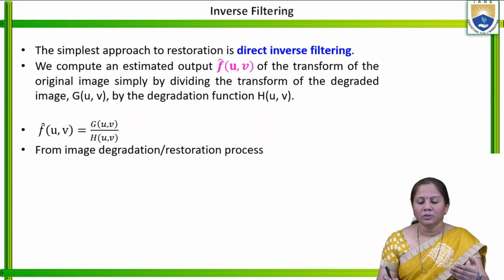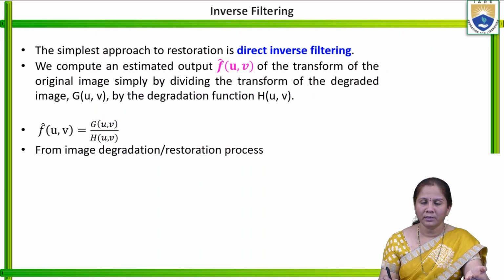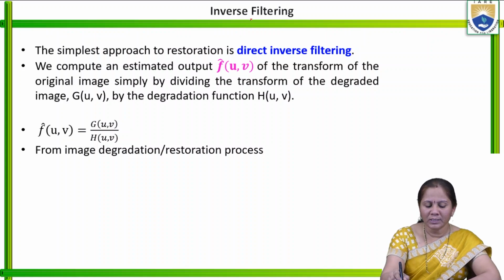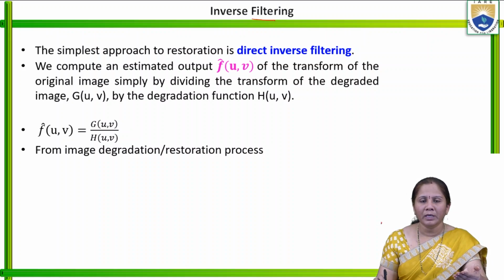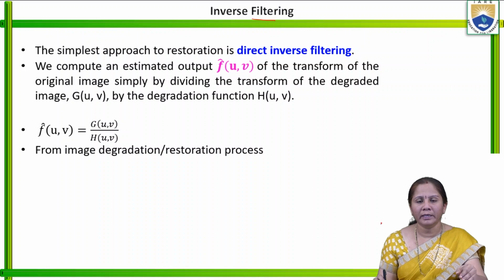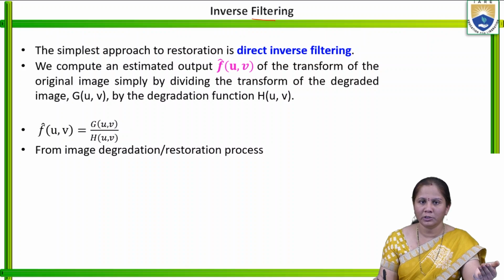Now, coming to the types of restoration filters, one is inverse filtering. Restoration is the process of retrieving the original image from the degraded image. Here the degraded image is represented as g of x comma y, or G of u comma v in the frequency domain.